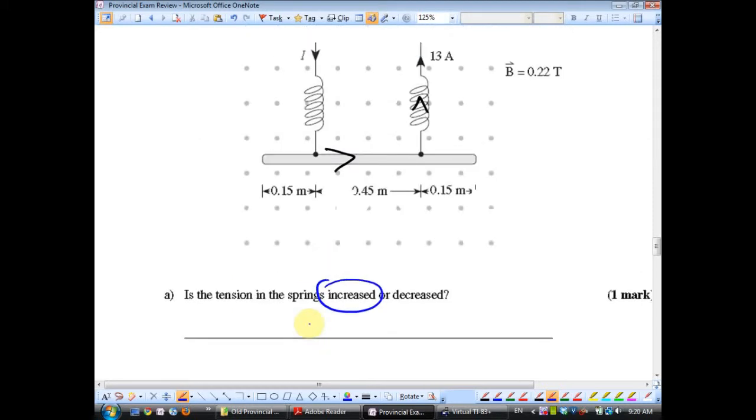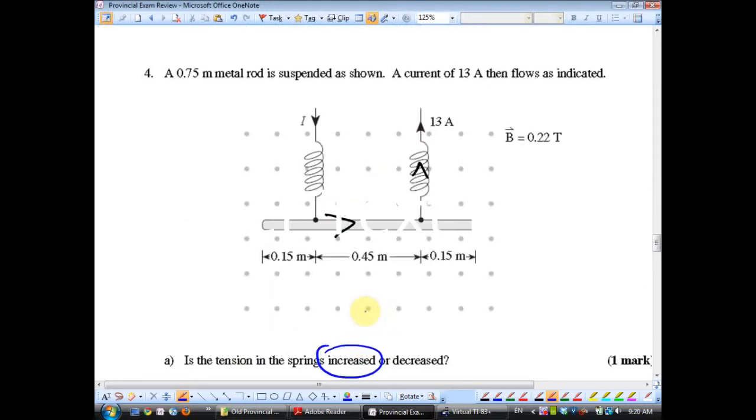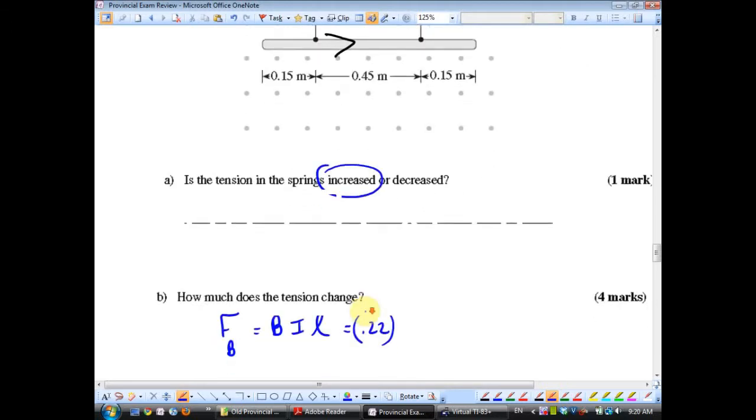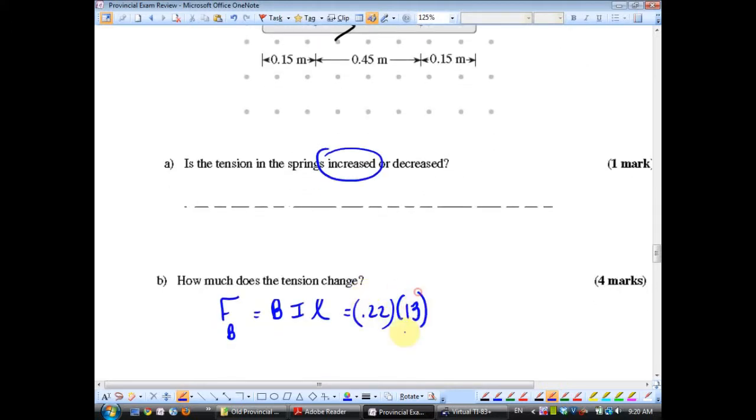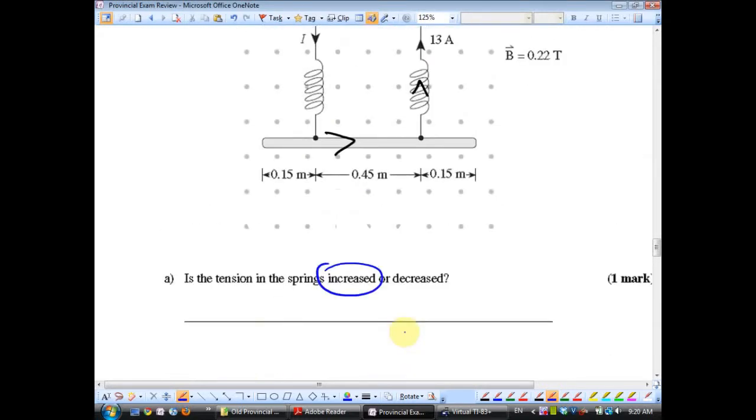Did they tell me the magnetic field? Did they tell me the current? Did they tell me the length? Well, here's the question I need to ask, I guess. Does the current go just from here to here, or do I include the whole length?